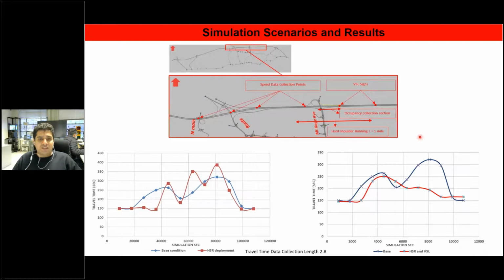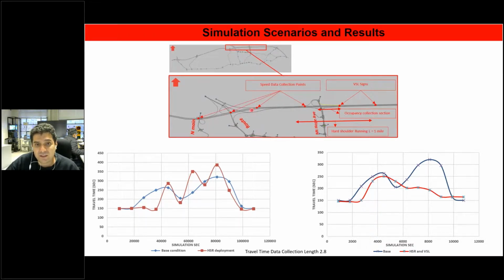As a fresh scenario, we decided to deploy both hard shoulder and variable speed limit in this section. So the occupancy data collectors are working here, and the hard shoulder opens in case occupancy is high. We also located speed data collectors on the downstream.